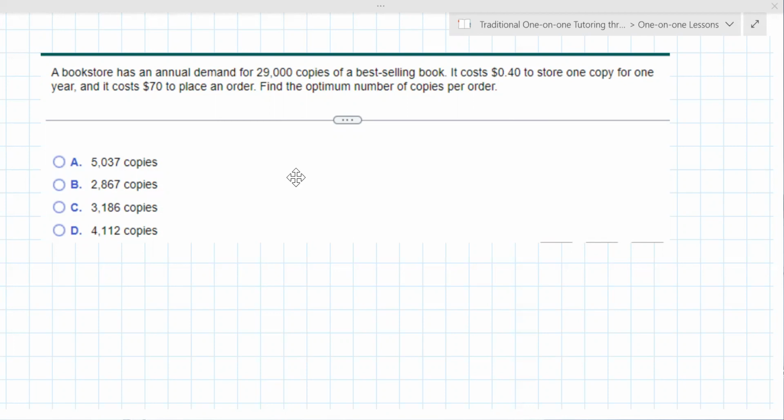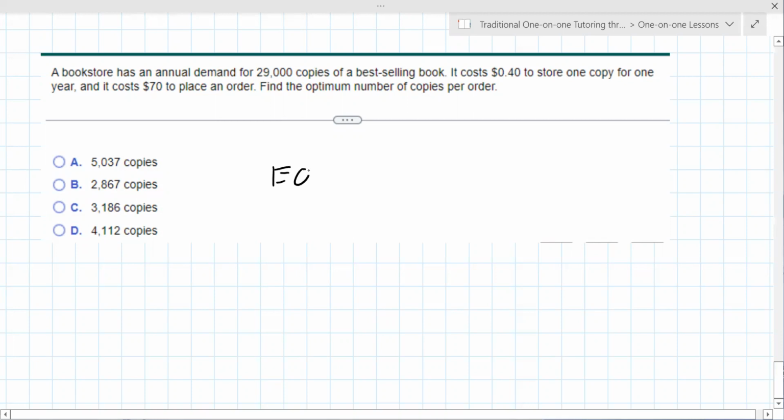Okay, so the formula here, the EOQ, economic order quantity, is the square root of 2 times demand times the order, I'm using the wrong letters here, but it's the order cost over the storing cost.